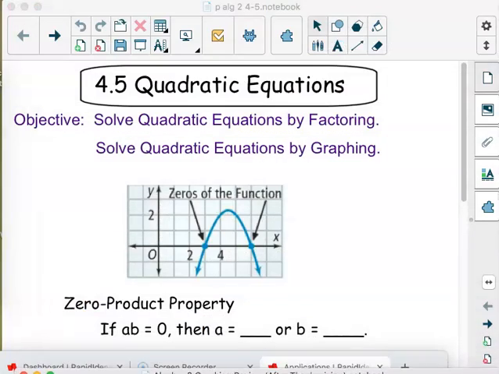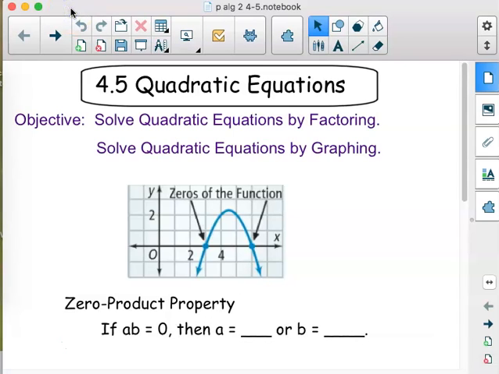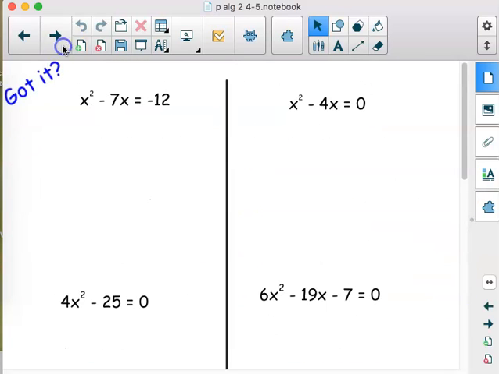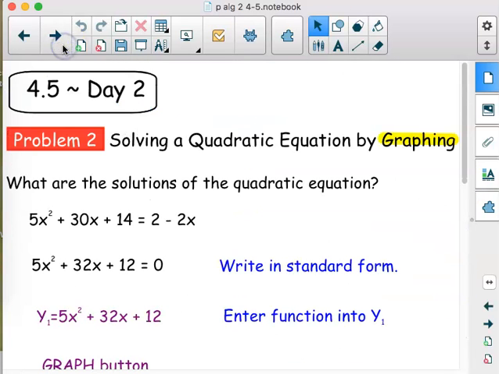Now, back to our objective from yesterday, which is solve quadratic equations by factoring and solve quadratic equations by graphing. So we did a lot of factoring, and we haven't touched the other part of the objective, which is by graphing.